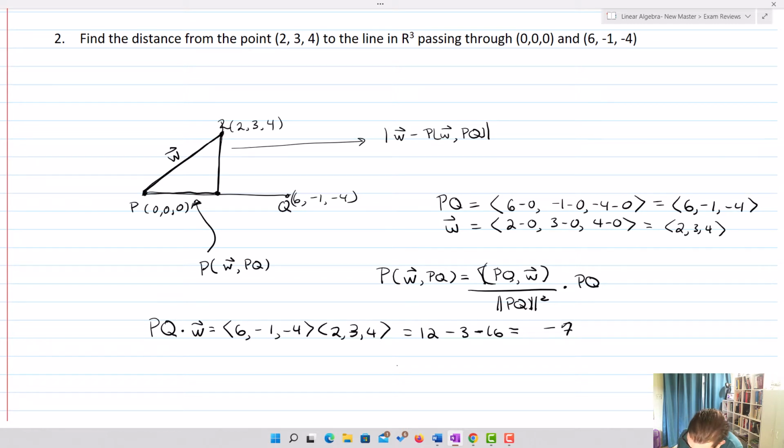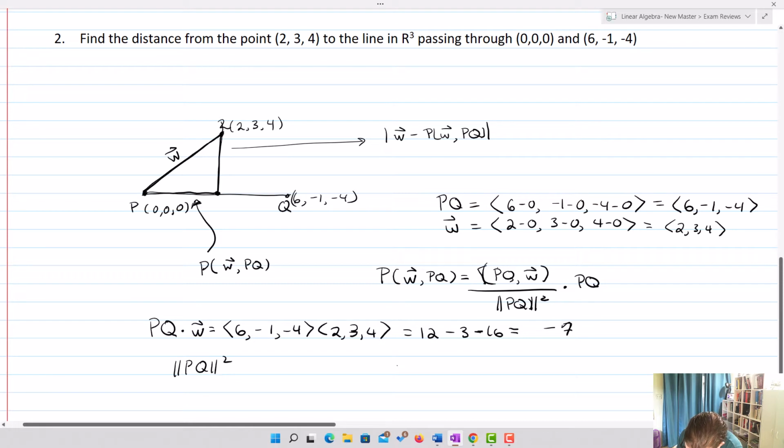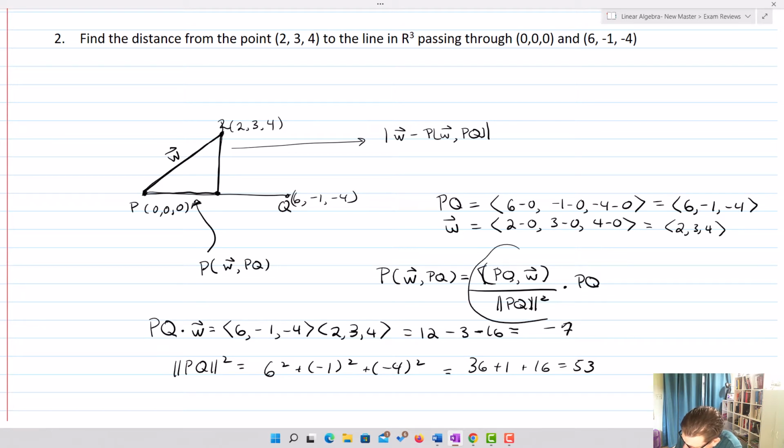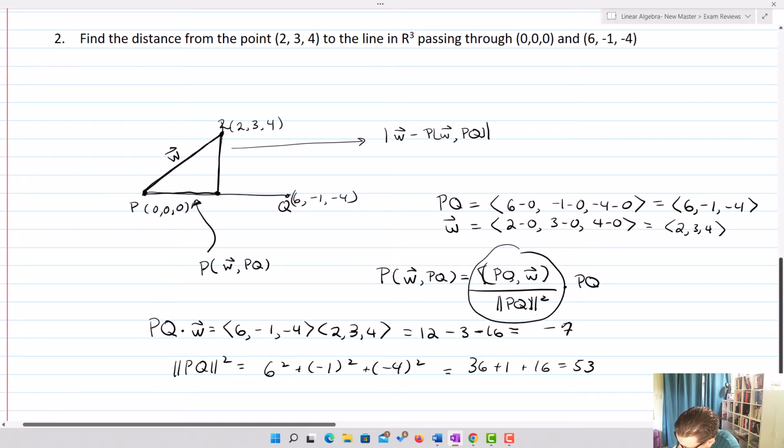And then we're now going to find the magnitude of PQ squared, which ends up equaling 6 squared plus negative 1 squared plus negative 4 squared. So that's 36 plus 1 plus 16, which equals 53. So this term here is going to be negative 7 over 53.